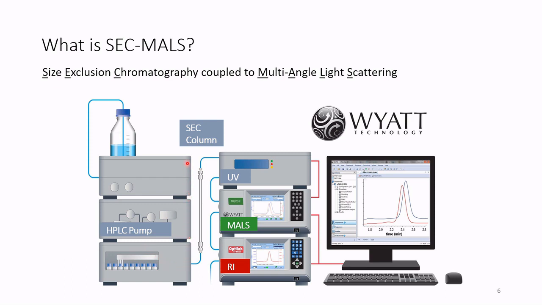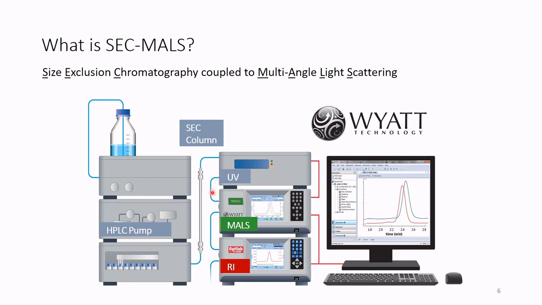The size exclusion column then separates our proteins based on shape and size, and it enters a UV detector where we obtain a chromatogram based on the protein's absorbance. The chromatogram gives us the peak height, peak shape, as well as the elution volume, so we get some information about our proteins in our mixture.